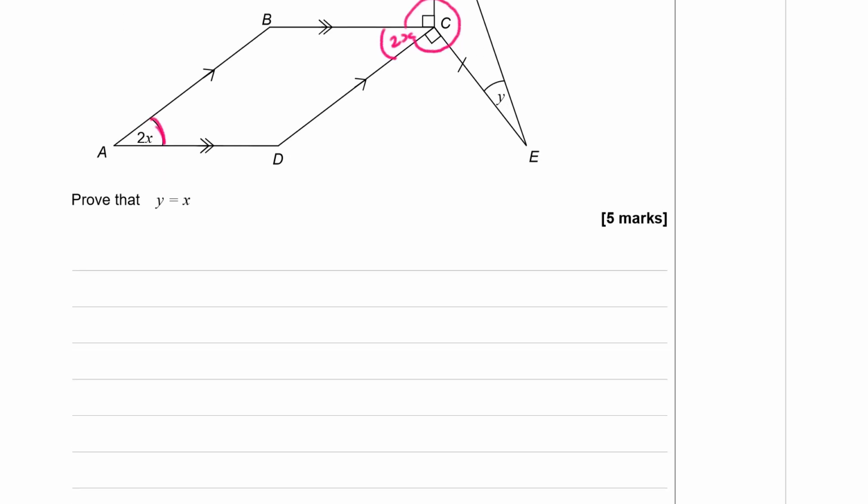So now, the angle with the 2x in it, which is angle BAD, is equal to the other opposite angle in the parallelogram, which is angle DCB. Opposite angles in a parallelogram.